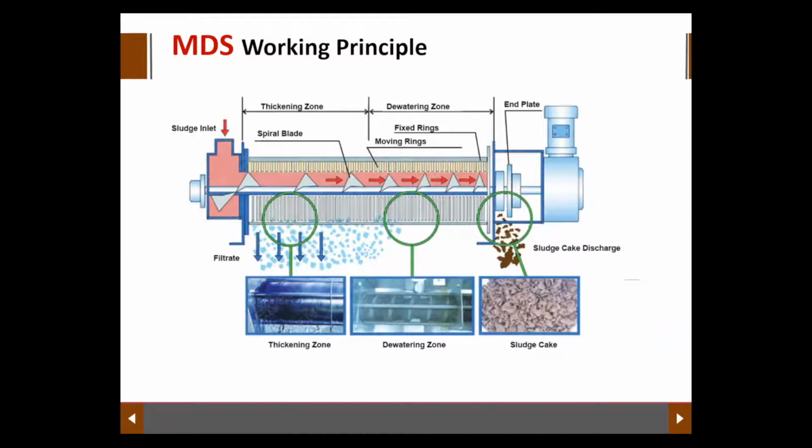The inner diameter of the moving rings is slightly smaller than the outer diameter of the screw and the rings, mobilized by the screw, continuously clean the sludge out of the gap, therefore preventing clogging. Toward the end plate, further increase of the pressure so as to discharge as dry sludge cake.